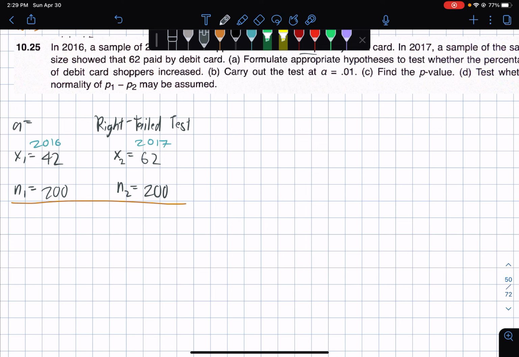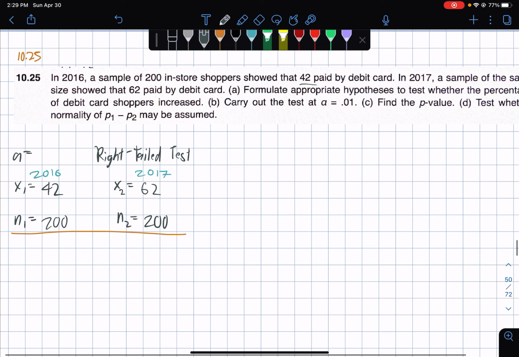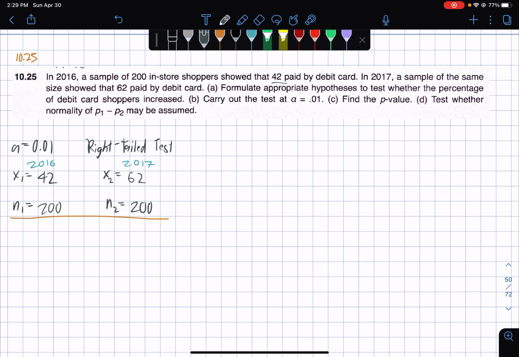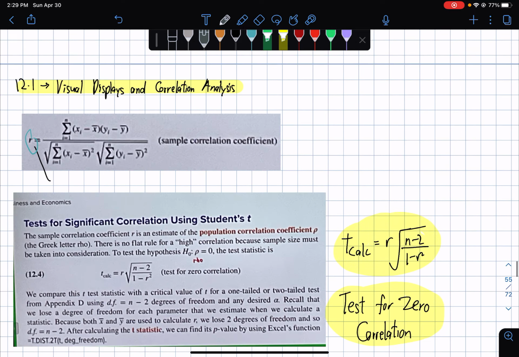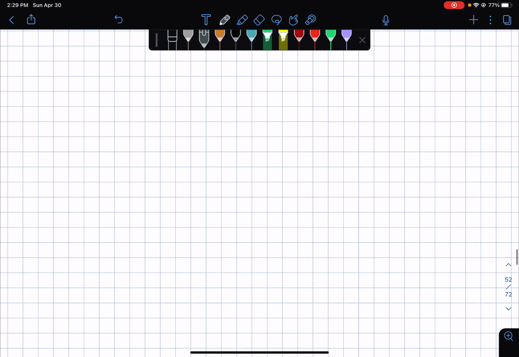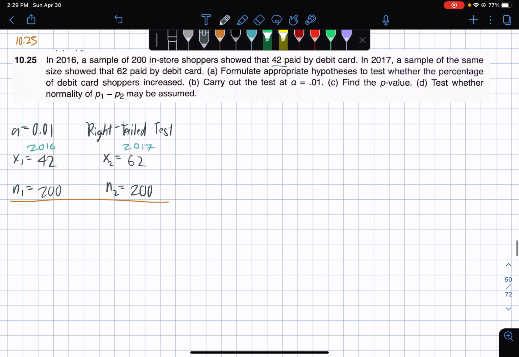Okay, so yeah, 200, 200. Alpha is 0.01. Okay. This will be the last question. We'll be making a part 2 for this, for the 4 questions remaining.